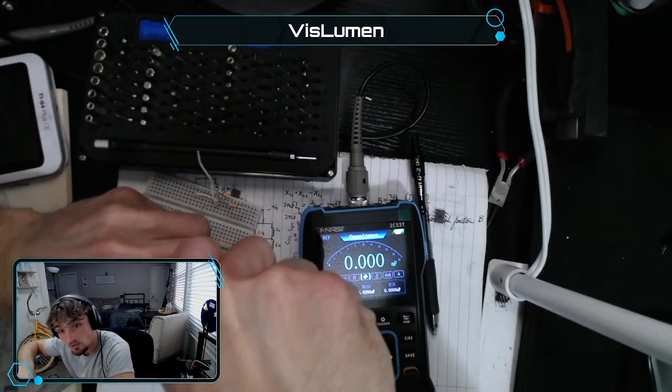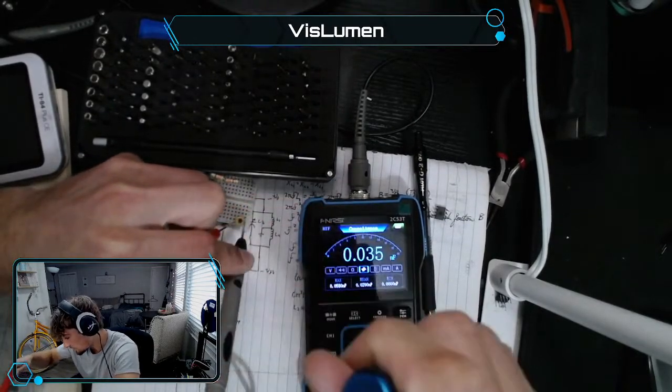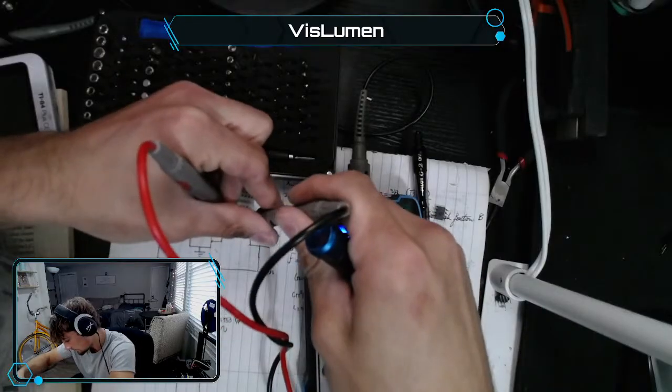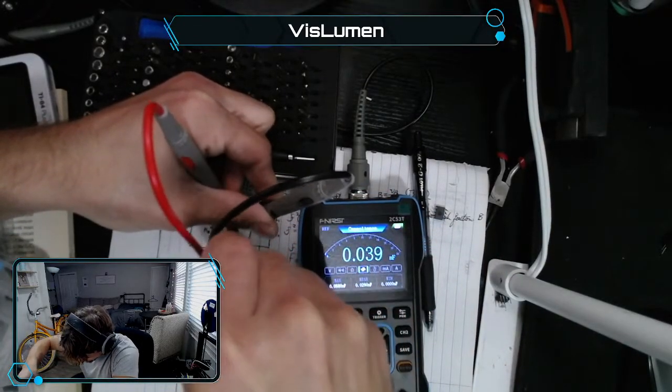There's no way I broke it. For real? Or am I just not getting a measurement? Oh my gosh, I'm not getting a measurement. Oops.